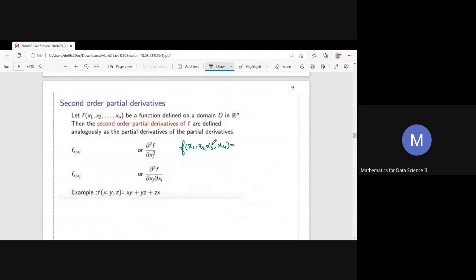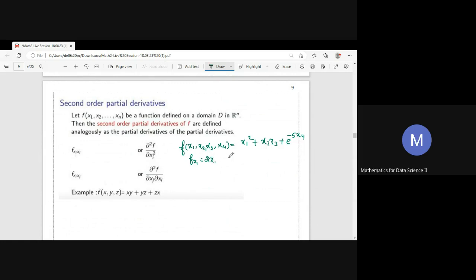So for example, you can have functions of 4, 5, any number of variables. For example, x1 square plus x2 x3 plus e power minus 5 x4. This kind of function you can have. The concept of the second order partial derivative is exactly the same as before. So now what is fx1 here? 2x1.